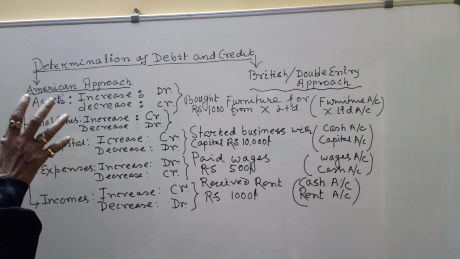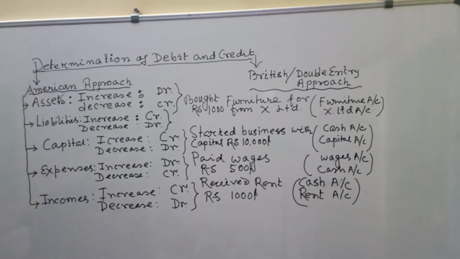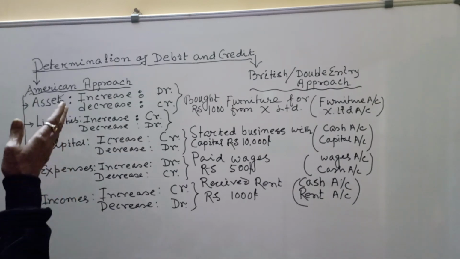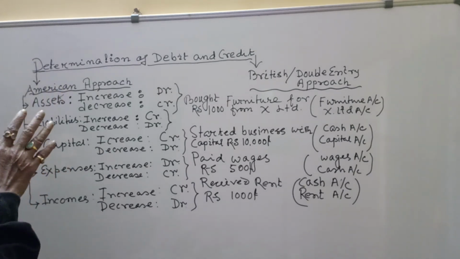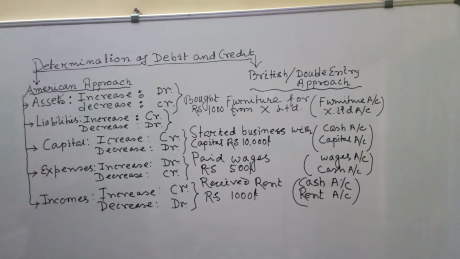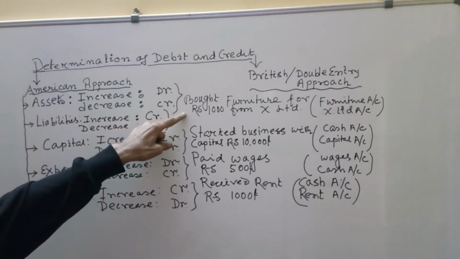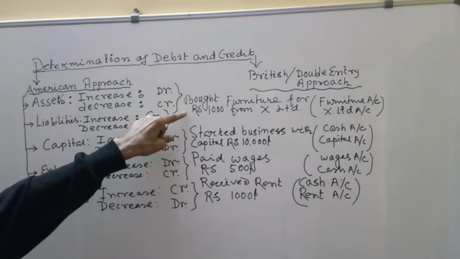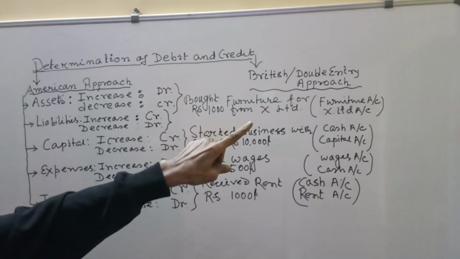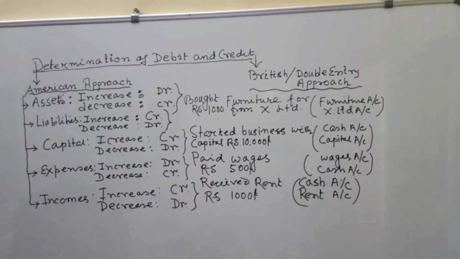Now, this is the summarized form I have discussed before you, and now we shall discuss through some examples how these methods or systems are applied in practical accounting procedure. Take the assets. On the right hand side of the asset, debit and credit, I wrote: bought furniture for rupees 1000 from X Limited.